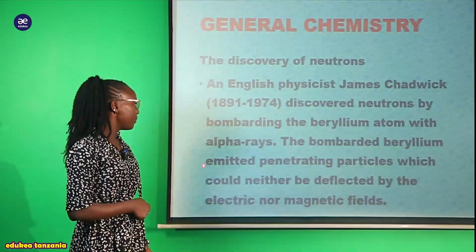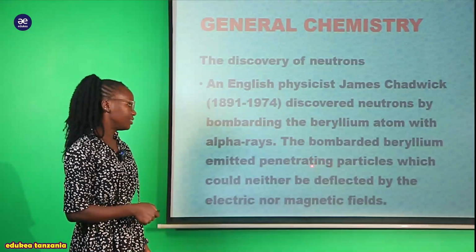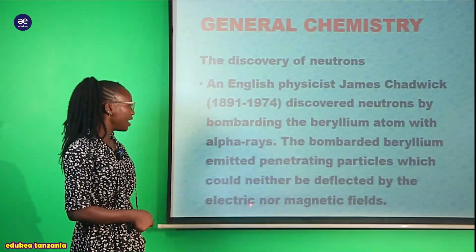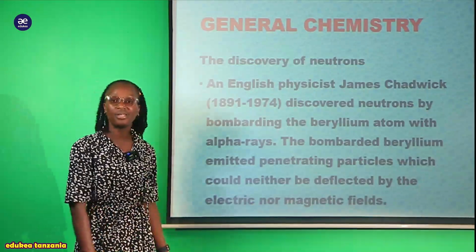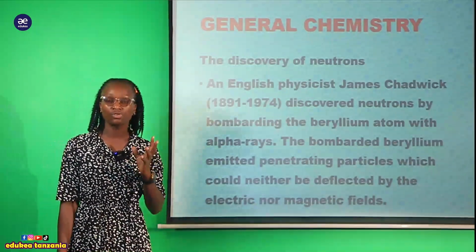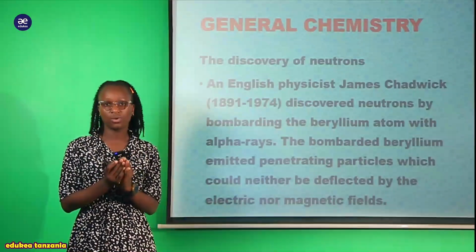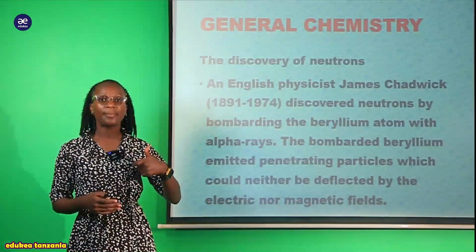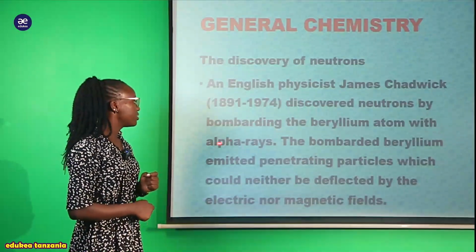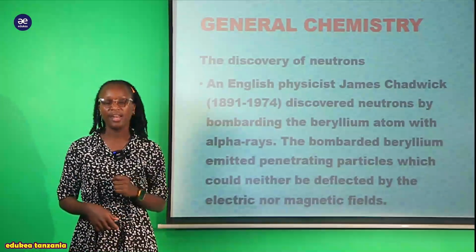The bombarded beryllium emitted penetrating particles which could neither be deflected by the electric nor magnetic field. Kwa hiyo hapa ilionekana kitu ni neutral. Kulionekana kuna kitu neutral baada ya hii bombarding, kwamba alichukua the beryllium atom akafanya bombardment with this alpha particle.